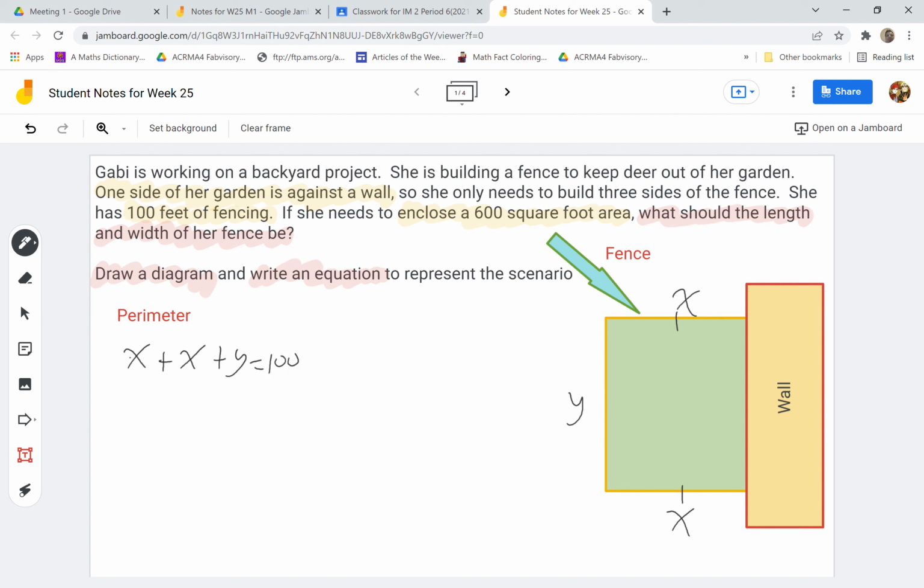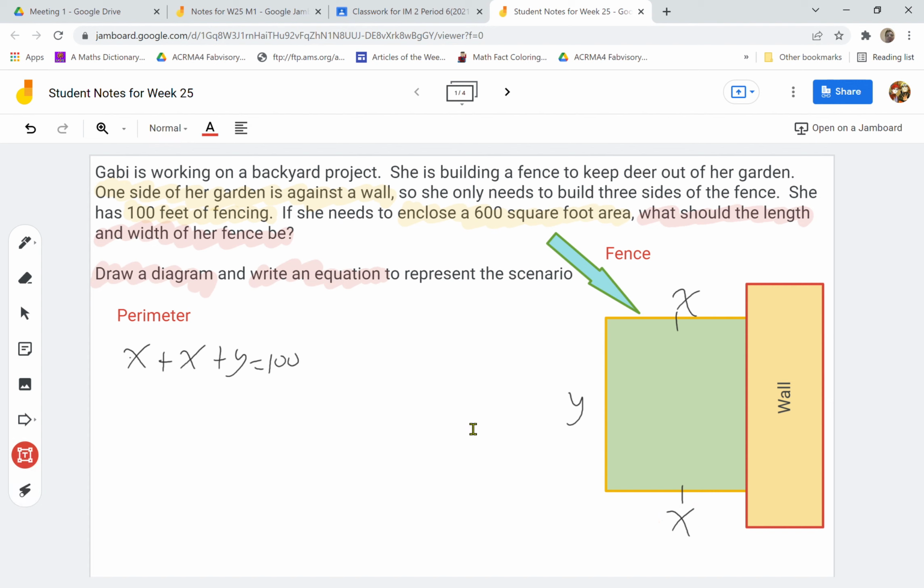Now this part right here is talking about the area. Keep in mind the area of a rectangle is length times width, right? So notice that this is the length here and this is the width. So I'm going to multiply these two and I should get 600 square feet.